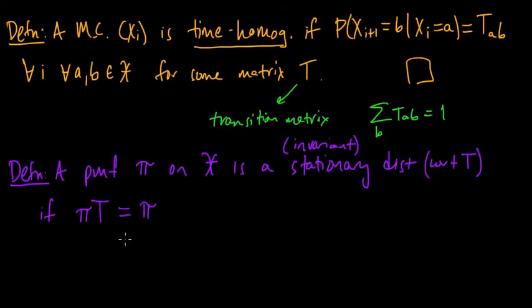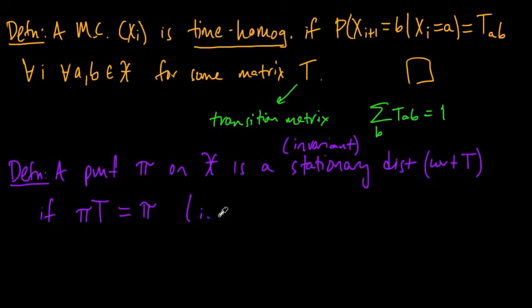And what the heck does that mean? What this notation means is that we're thinking of pi as a row vector, and we're thinking of T as a matrix. So we just do the linear algebra: we multiply this row vector times the columns of this matrix, and we get back another row vector. For a stationary distribution, the row vector we get is pi.